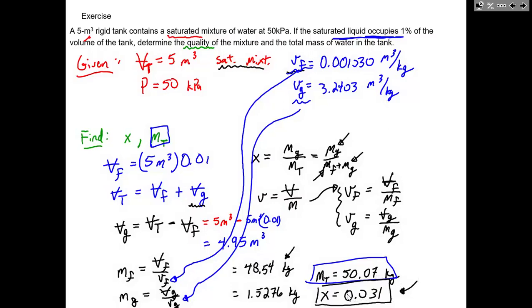So remember that when we get to an X of 1, that means our vapor is at 100%. So right now we've got about 3% of our total mass being consumed with the vapor, which makes sense. Double that takes us to 100, so that's about 3. Yeah, so about 3%. So that kind of jives.